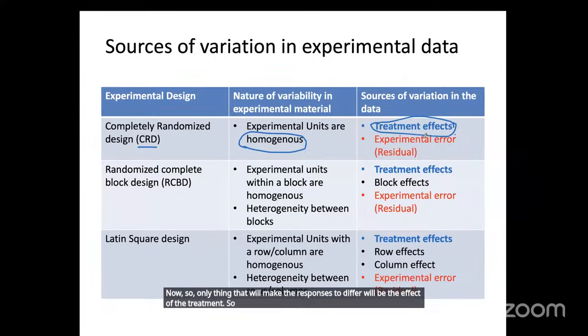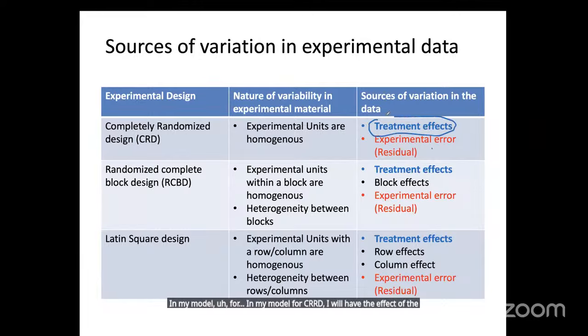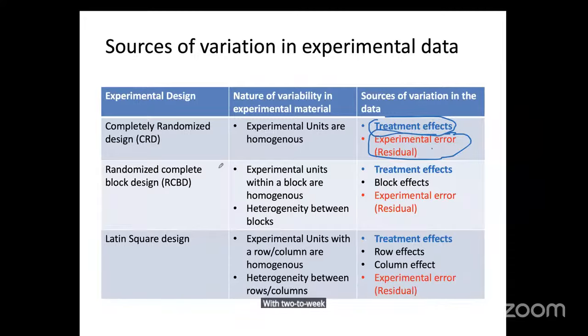So that means in my model for CRD, I will have the effect of the treatment, and then anything else that I cannot explain, I will lump together under the experimental error. So this is going to be a simple model with treatment and experimental error.